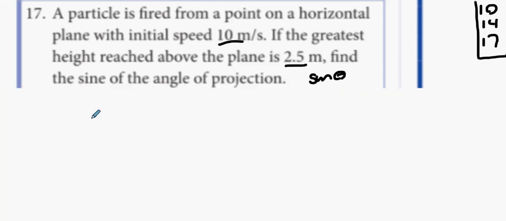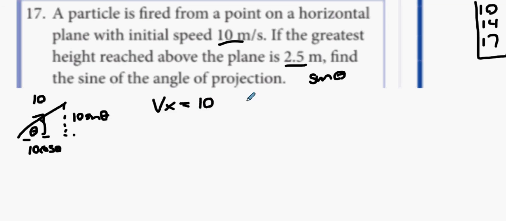Alrighty. Throw it at a speed of 10, at an angle theta. So it's going to be 10 cos theta and 10 sine theta. And next thing you're going to do is get your Vx, which is 10 cos theta. You'll get your Vy, which is 10 sine theta minus gt.